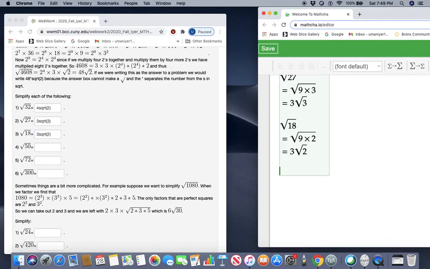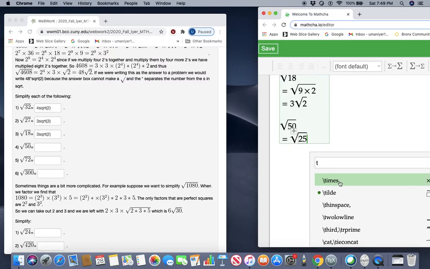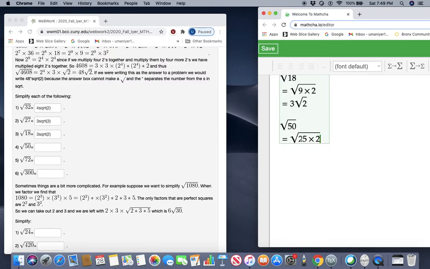Next, square root 50, which is equal to square root 25 times 2. So notice how we write perfect squares first. It's for reading purposes, right? Square root 25 is 5.